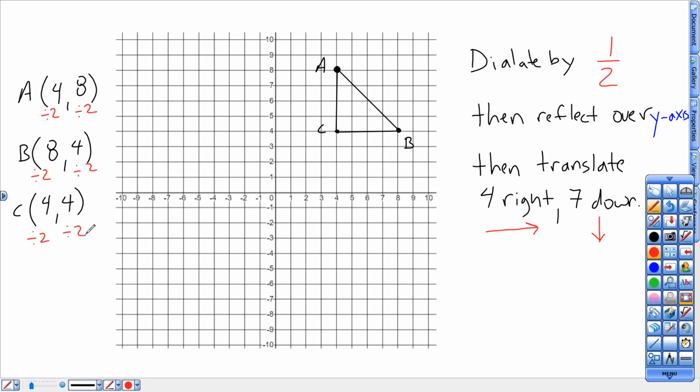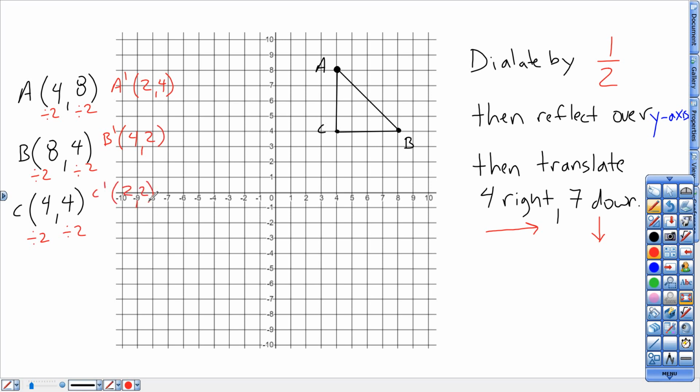Dividing by 2 is the same as timesing by the reciprocal of 2. So what happens is my new coordinates for A becomes the point (2, 4) when I divide both those numbers by 2. The new B, if I divide by 2, gives me (4, 2). And then the new C divided by 2 gives me (2, 2).